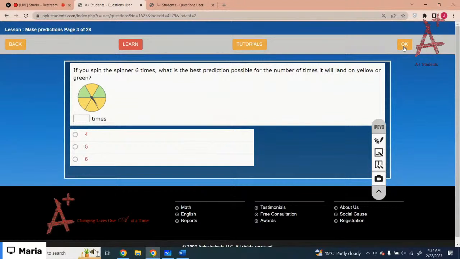Okay, if you spin the spinner 6 times, what is the best prediction possible for the number of times it will land on yellow or green? Got it? So the yellow or green is 6 out of 6, because it is green or yellow.